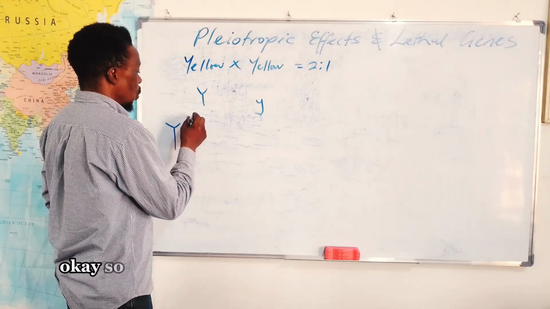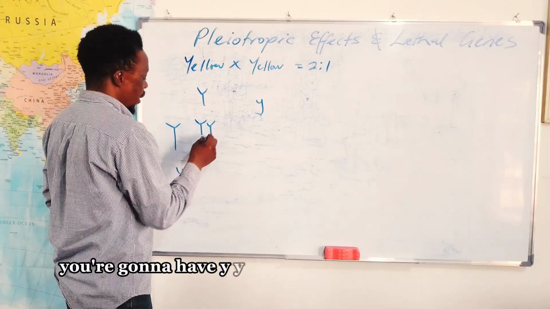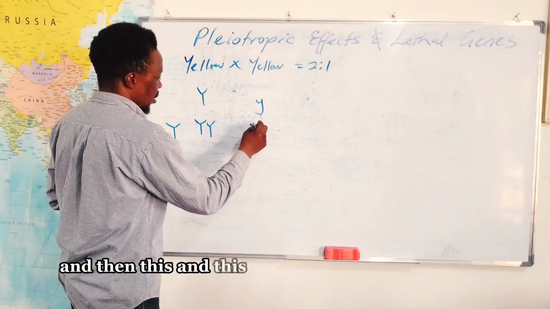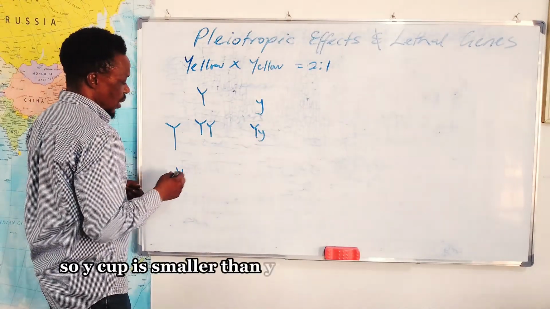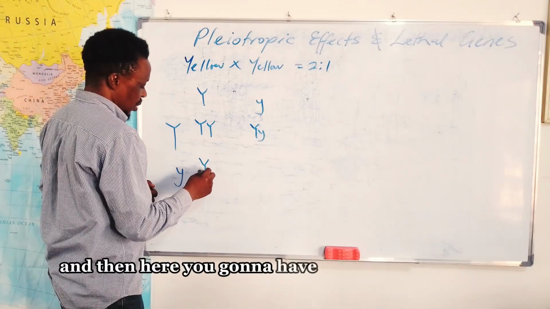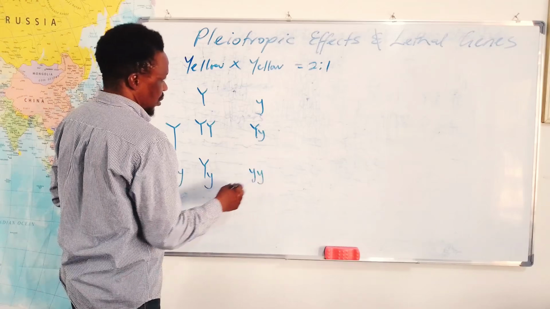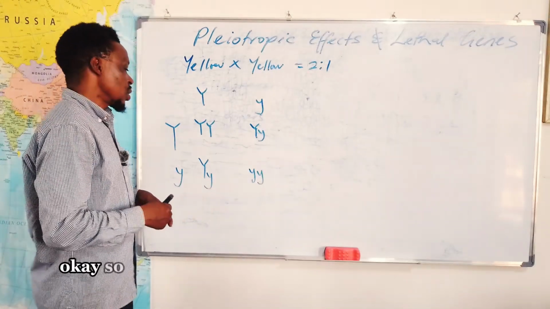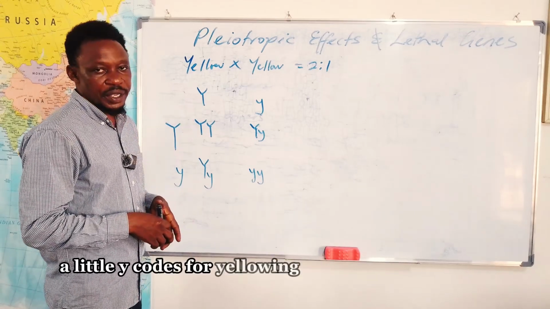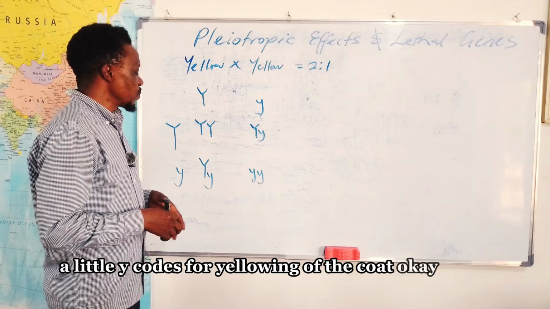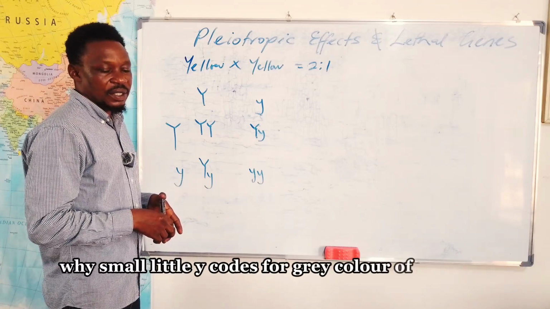If you make this and this, you're going to have capital Y, and then this and this, you're going to have Y with a small y, and then here you're going to have like this. Let us say that capital Y, allele Y, codes for yellowing of the coat, while small letter y codes for gray color of the coat.